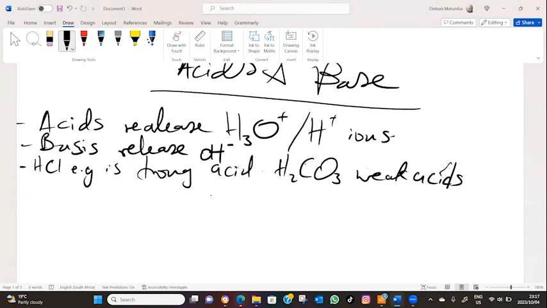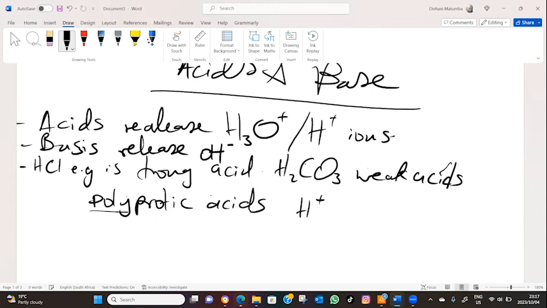Now, what are polyprotic acids? Poly comes from many. Protic comes from the proton, H plus.